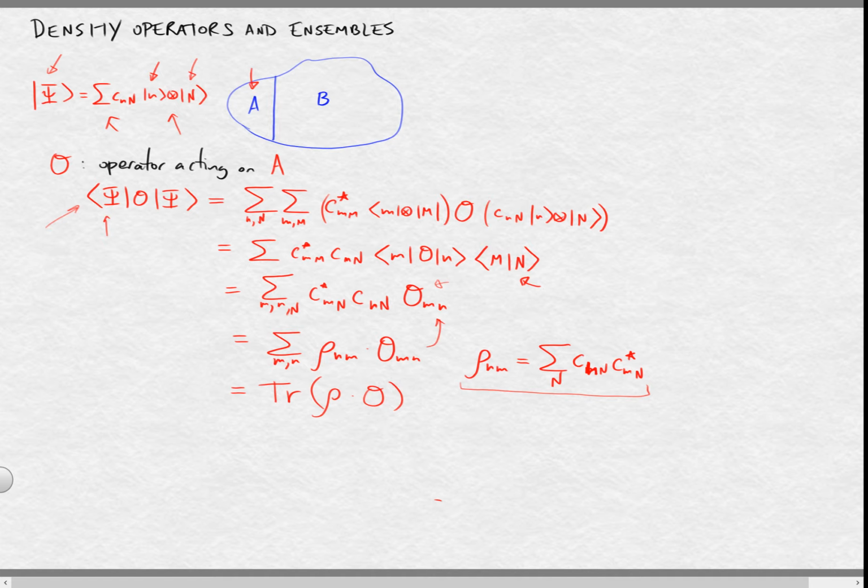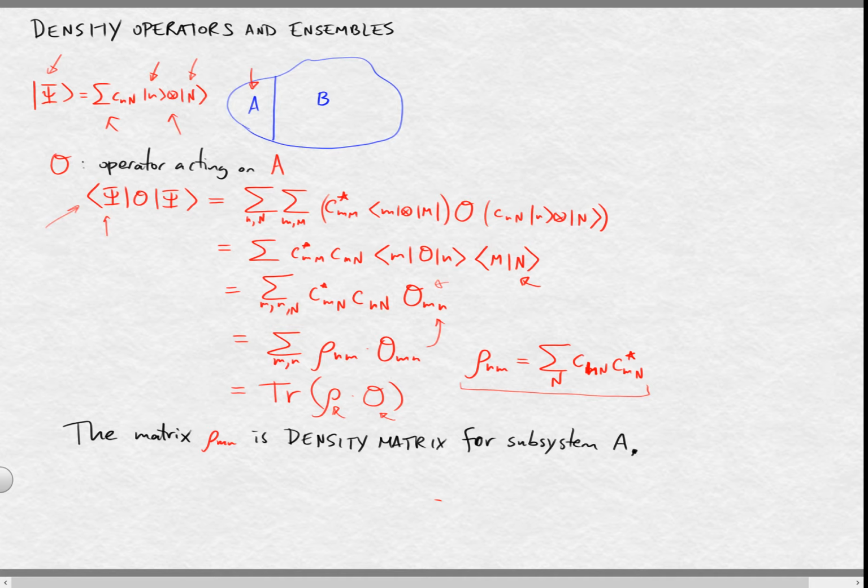It's equal to the trace of this matrix associated with the operator O multiplied by a new matrix, and we call the matrix rho_mn, we call that the density matrix for the subsystem A.